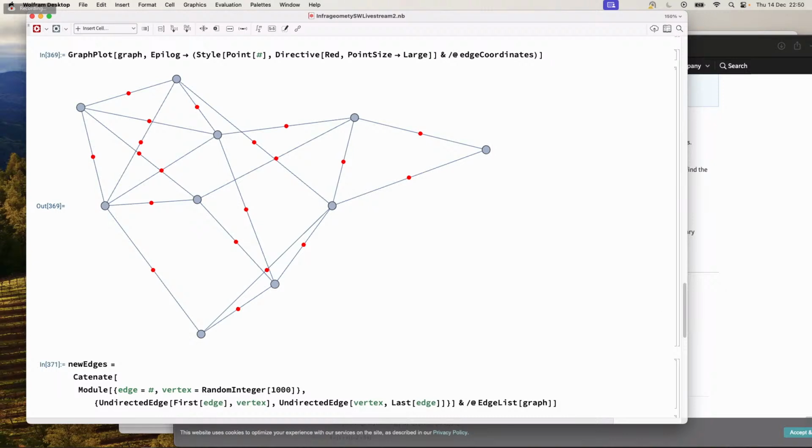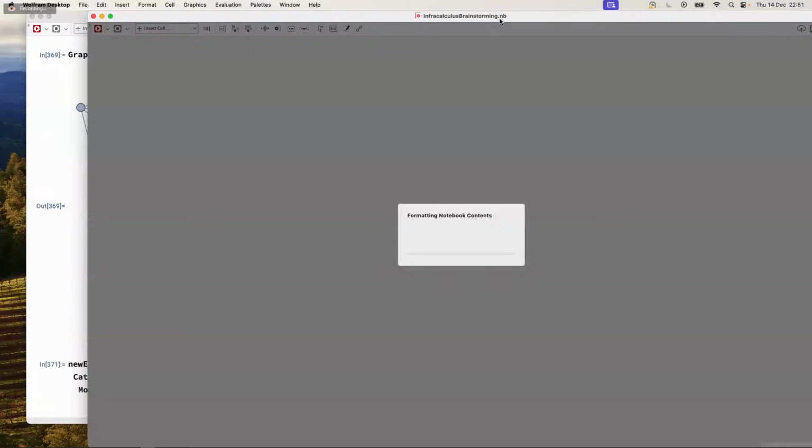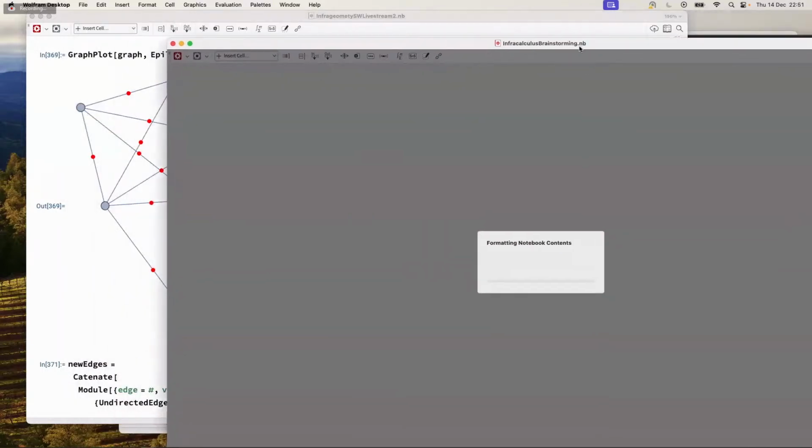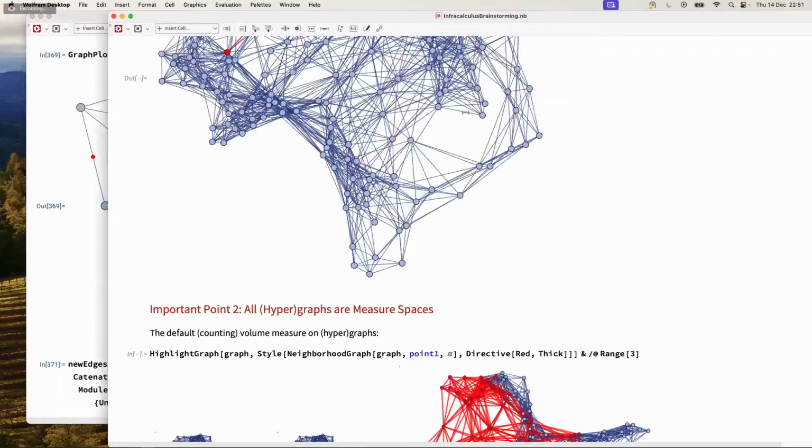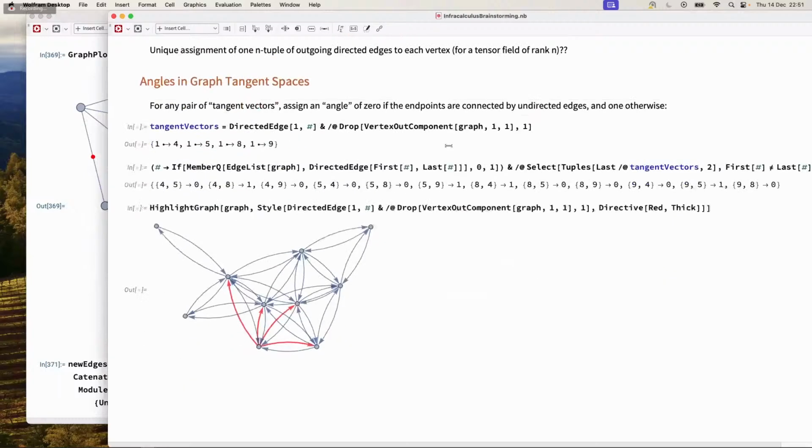For example, last time we said if the vectors are pointing to edges that have adjacent vertex elements, then you say that the angle is 0, and otherwise you say it's 1 or something like that.